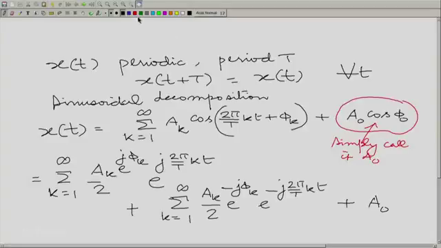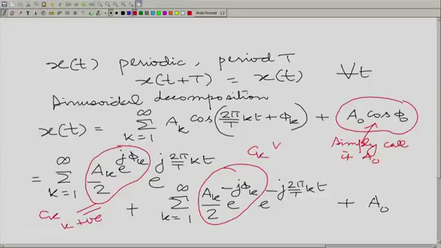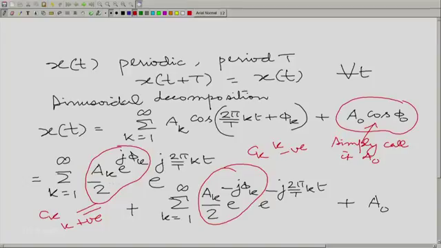Now, notice that this is equal to Ck for k positive and this is equal to Ck for k negative. And notice that for corresponding k positive and k negative, you have complex conjugates. Let us look at it. So, we will write this down formally.